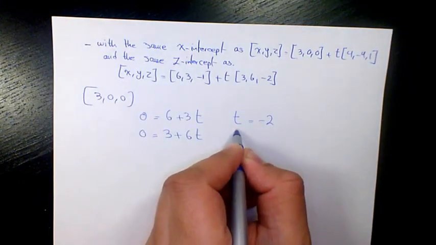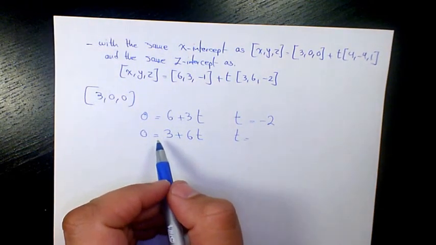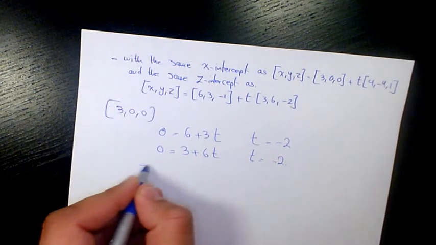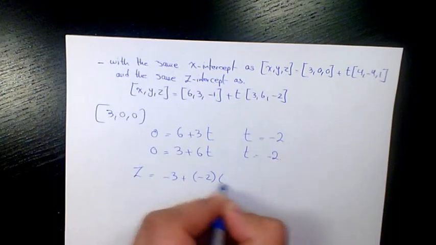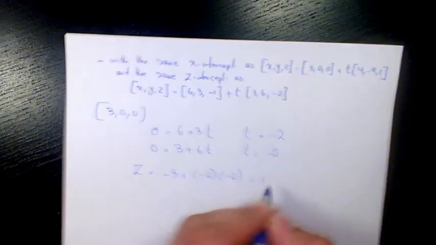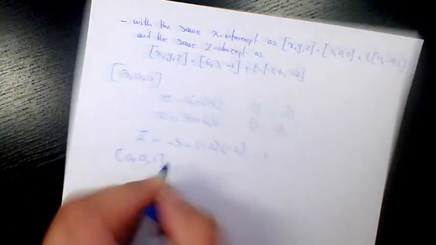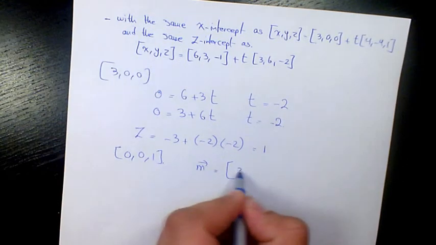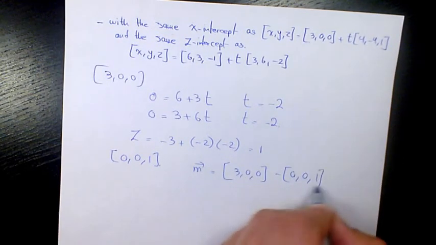So that will be -2. And z equals -1 plus -2 times -2. That will make it 1. So that's going to be (0, 0, 1). So the direction is going to be (3, 0, 0) minus (0, 0, 1).